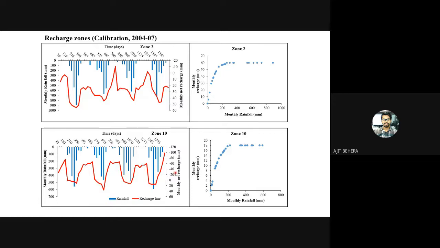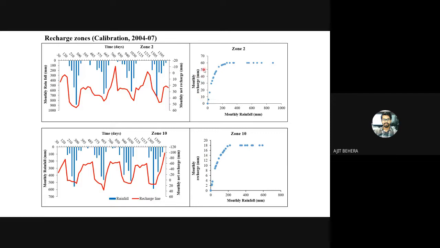Here also, if continuous rainfall happens, the same thing occurs: after a certain time, there is no further recharge. One thing here is that the recharge is less.